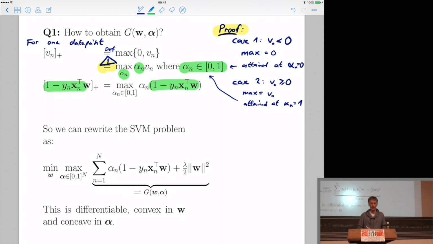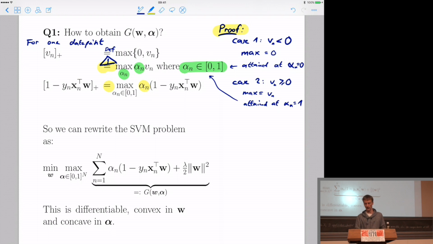So we did it for V, but in fact V is this complete thing which we had, the hinge loss of one data point, which is 1 minus the prediction, and then only the positive part. Okay, so do you believe that this is actually true, that the entire hinge loss with this trick is always the same as what we have on the right, which has the same quantities, but there is a new part.